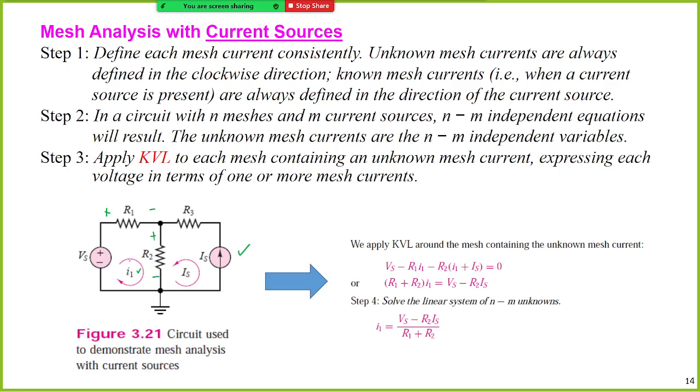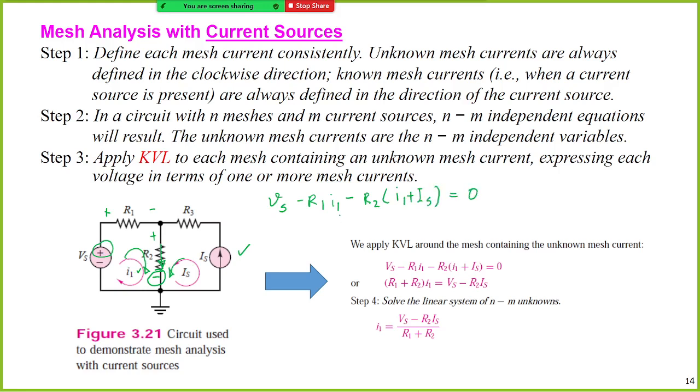With this direction, it will be plus Vs, minus R1 into I1, and the current flowing through R2 will be I1 plus Is, right? Because Is is also in this direction, I1 is also in this direction, the same direction, through R2. So plus minus here and minus R2 with I1 plus Is, equal to 0.